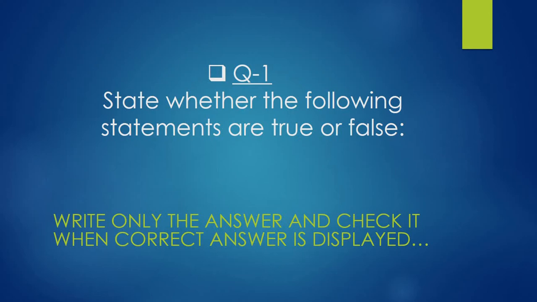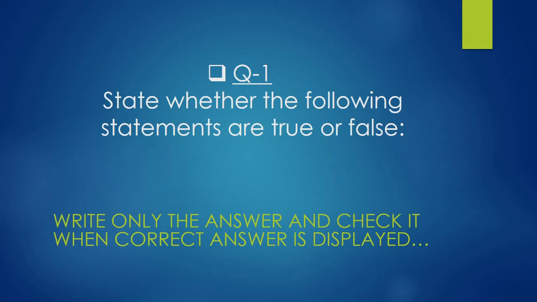If it is right, you have to put a tick mark. If it is wrong, you have to put a cross mark. Okay, so just give the heading Question 1. Don't write anything else. Just write Question 1. That's it. That is all you need. Okay, so Question 1, that is what you are supposed to write only.